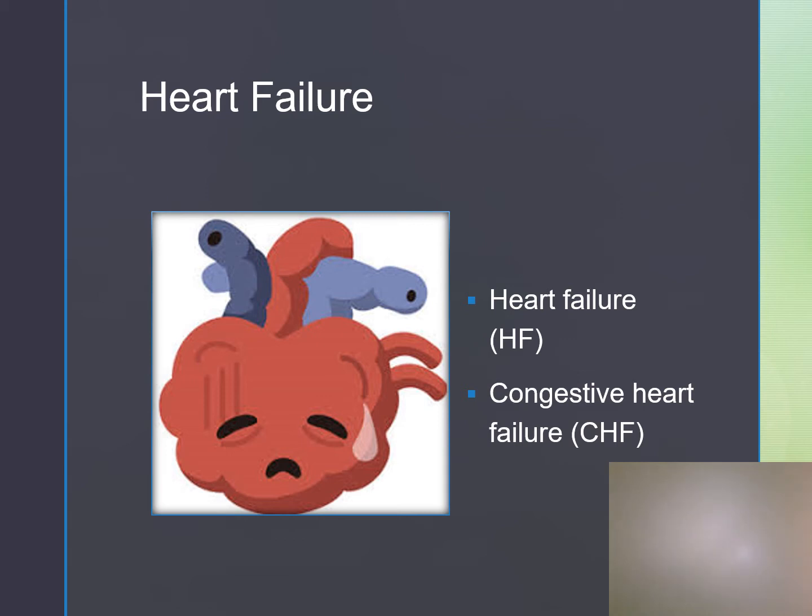Causes would include left-sided heart failure, which is the biggest cause, and chronic obstructive pulmonary disease, or COPD. It's caused by an inability of the heart muscle to contract because of direct damage to the muscular wall.